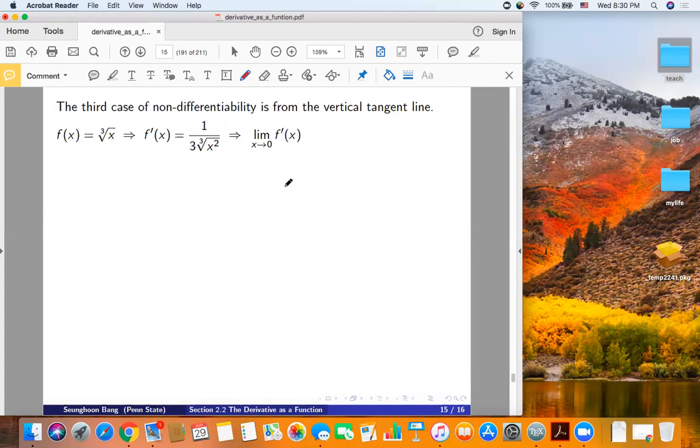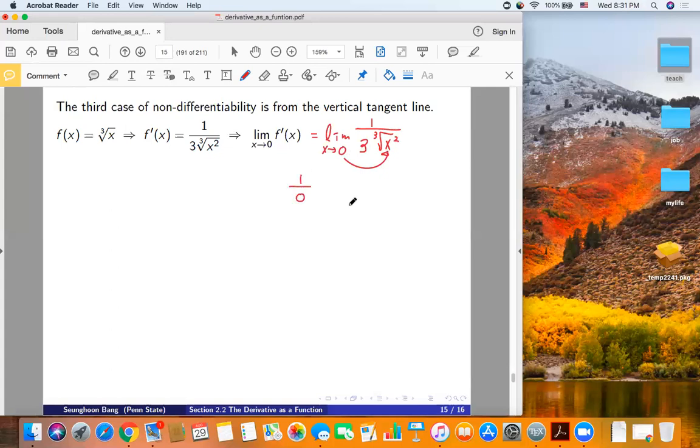What's the limit of f prime of x as x approaches 0? What happens? Infinity. Why? The limit as the x value approaches 0 of 1 over 3 times cube root of x squared. You plug 0 in, and f prime of x is a 1 over 0 form.